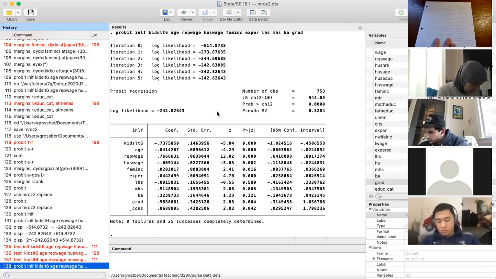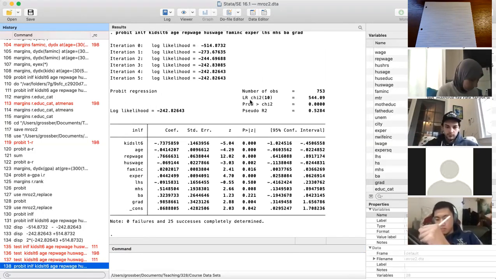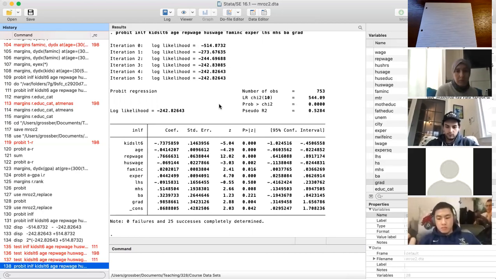So there are two kinds of test statistics that Stata is telling us about here. One is this chi-square value up here, and LR stands for likelihood ratio. And the other is these Z statistics here. And so let's talk about these in turn.